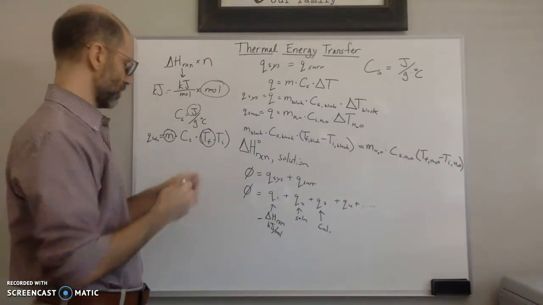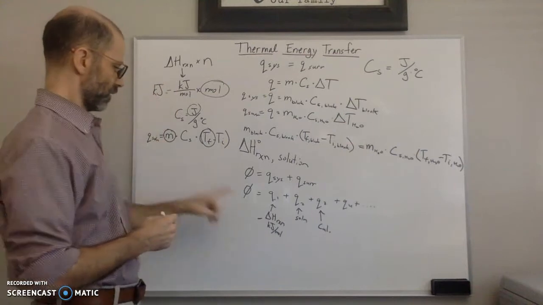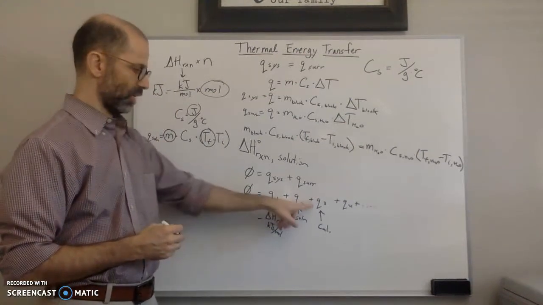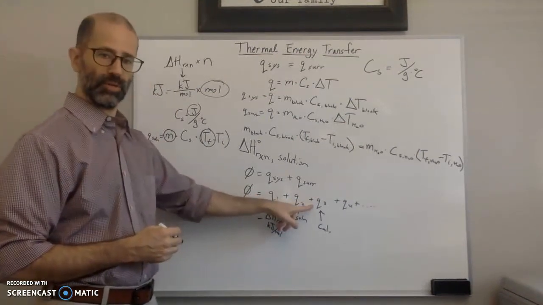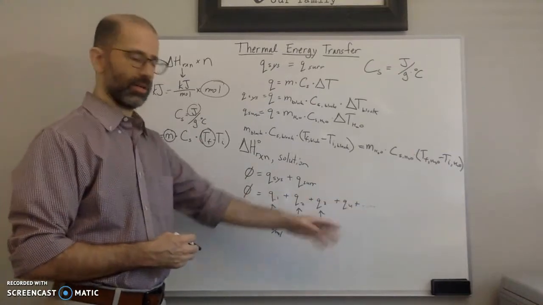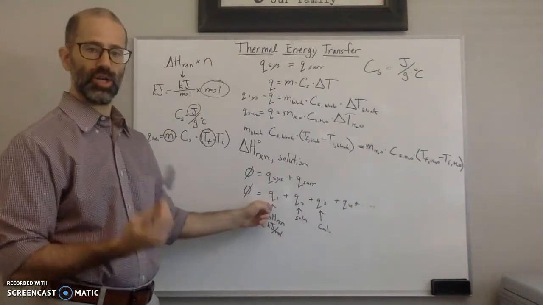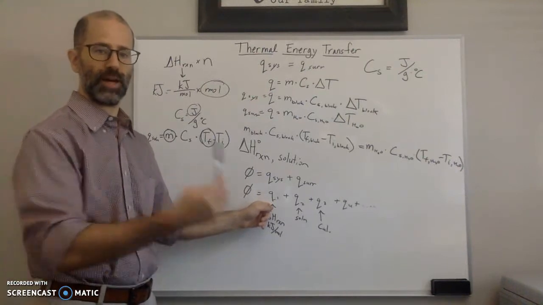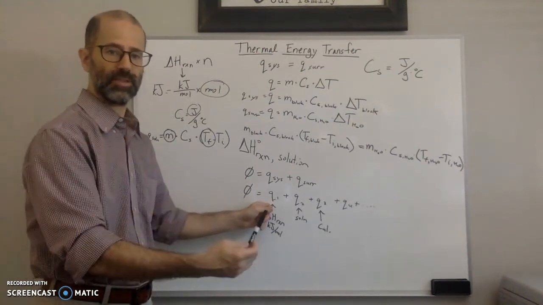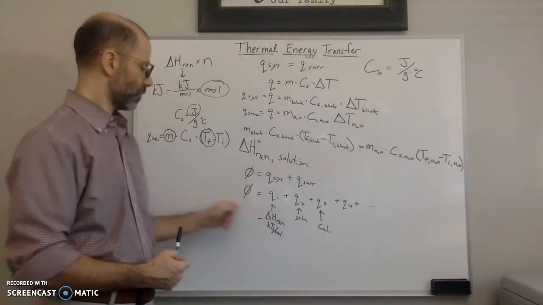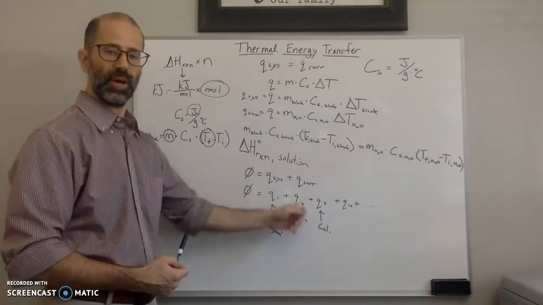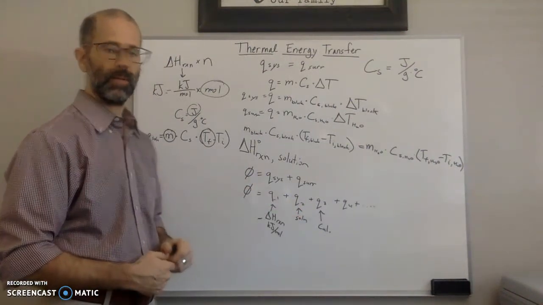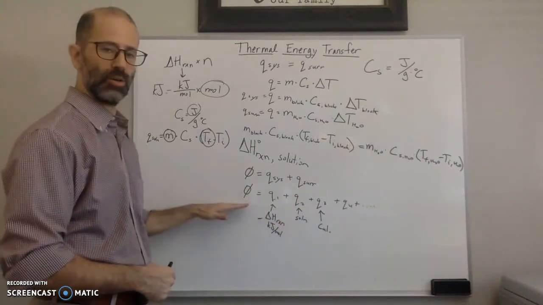So what I can do is take my formulas and substitute them in for each of the Q values, and I'll have one long equation, and then I should have one unknown that I'm looking for. So it could be a final temperature or a mass of something, and so I solve the equation for whatever they're asking for. So I think this is the best way to do it.